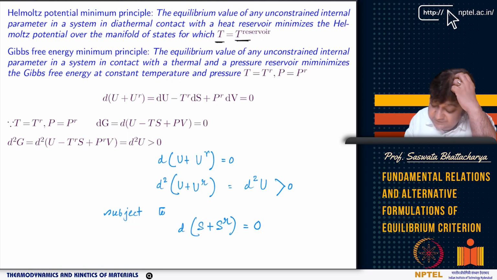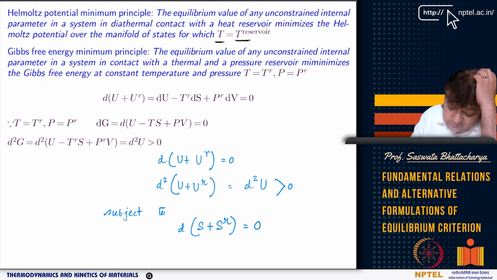So basically d2U is greater than 0, subject to S plus SR being fixed, right? This is what we are basically doing. Now if you do that, you can easily see that it follows that dG has to be equal to 0 and d2G has to be equal to d2U, which has to be greater than 0.